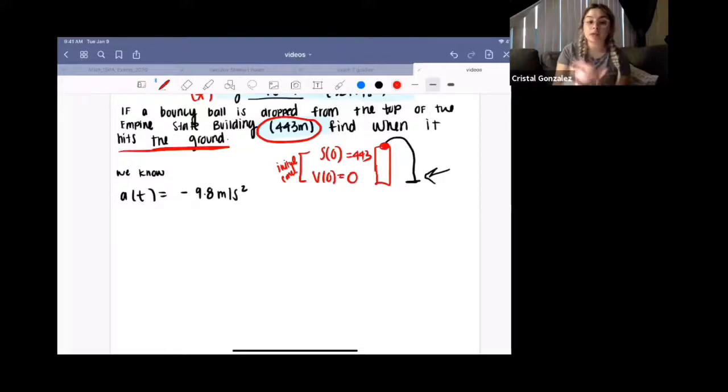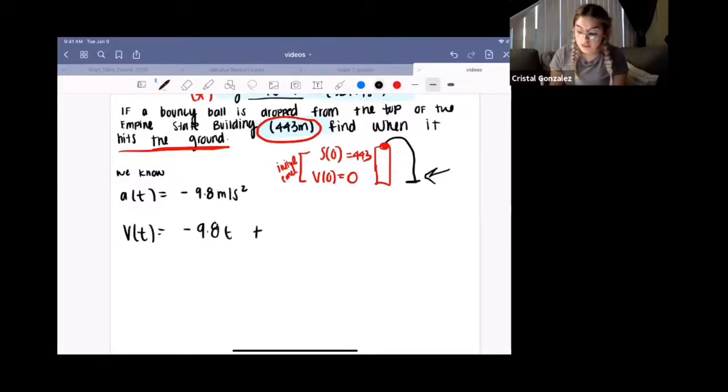Okay, so now we're going to take the journey to find S of t, so let's go ahead and first find V of t. The antiderivative of this is going to be negative 9.8 t plus c, because negative 9.8 is just a constant. I'm going to leave the meters per second off.